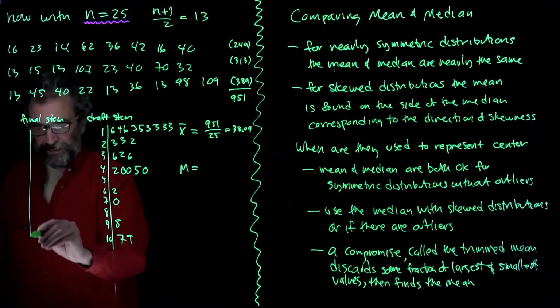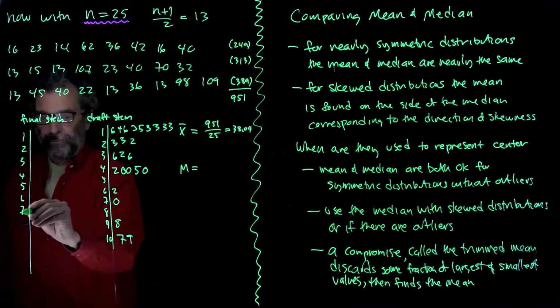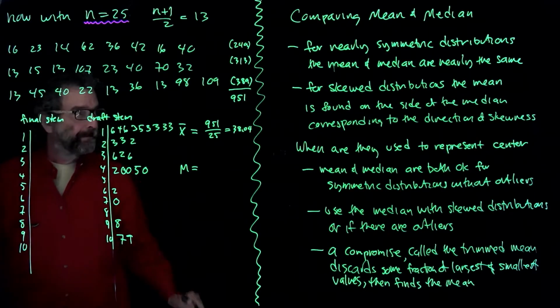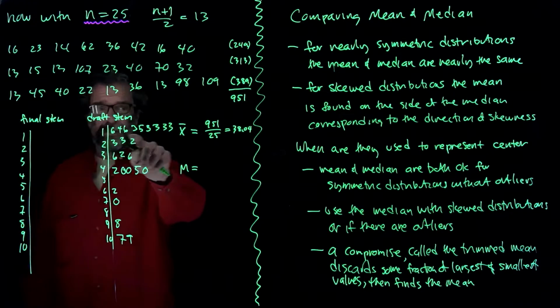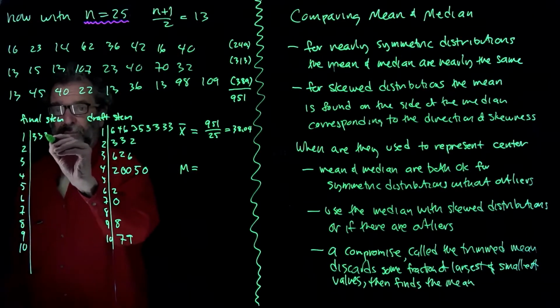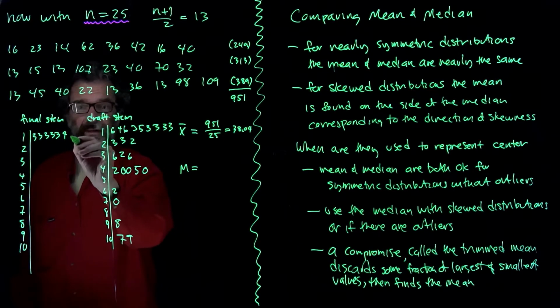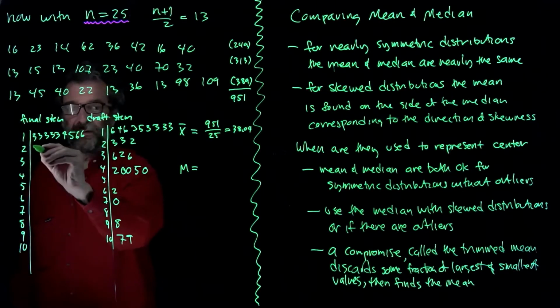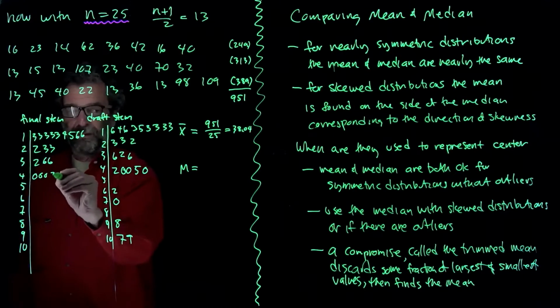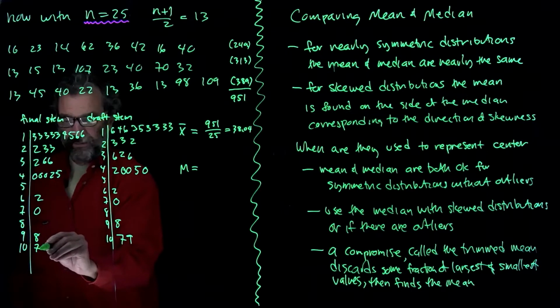And then we'll make the final stem plot. That's pretty long. 1, 2, 3, 4, 5 threes. And then a 4, and a 5, 2 sixes. 2, 3, 3, 2, 6, 6. 1, 2, 3, 2, 5, blank. 2, 0, blank, 8, 7, 9.